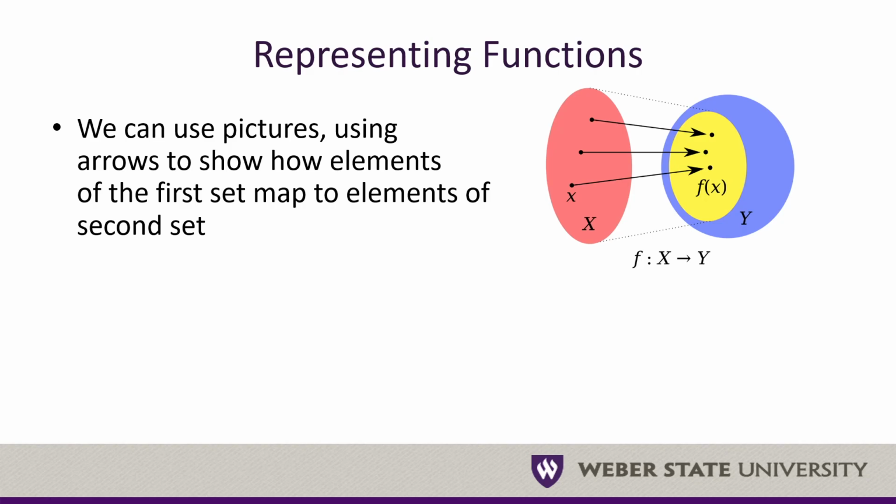And since now what we're doing is taking elements from one set and mapping them, transforming them, or using a function on them to produce a value in another set, then we can use Venn diagrams and simply draw arrows from one set to the other set. This is useful, especially if we can enumerate or talk about the specific elements in the set, if we can count them, if it's a small enough set. Venn diagrams actually become pretty easy for us to do.